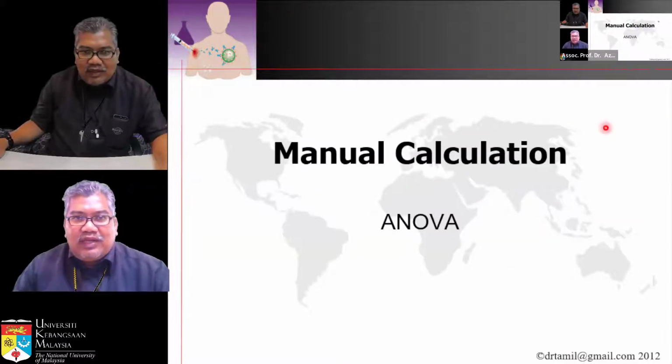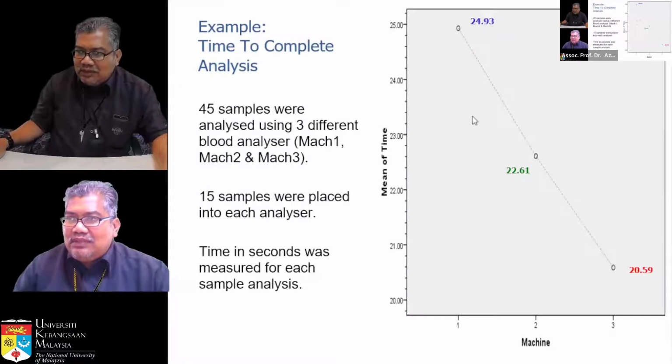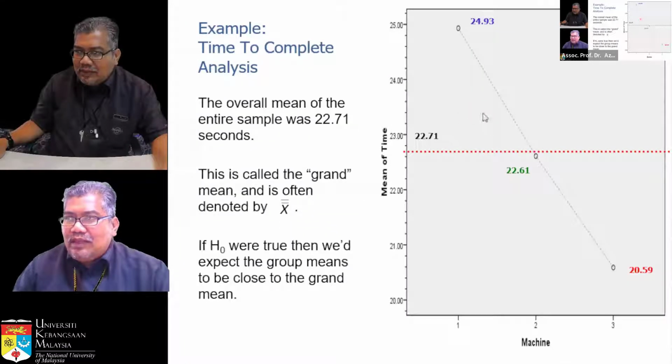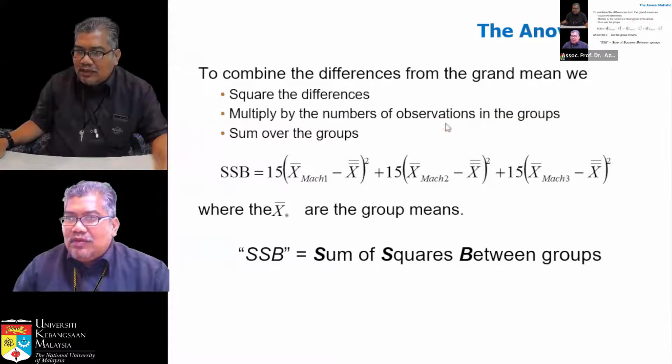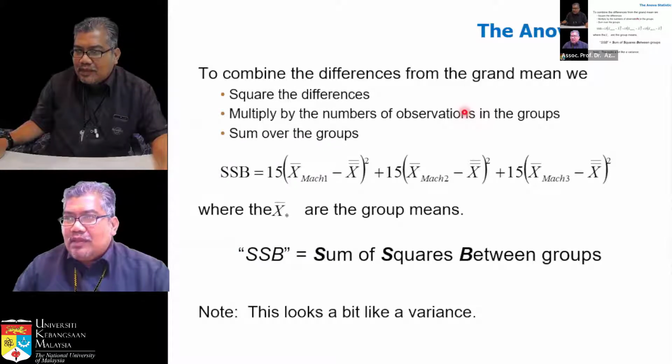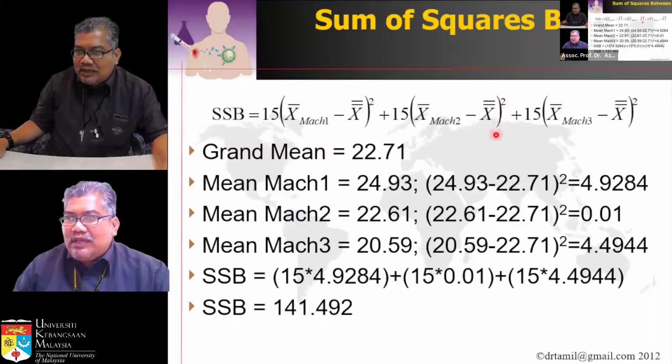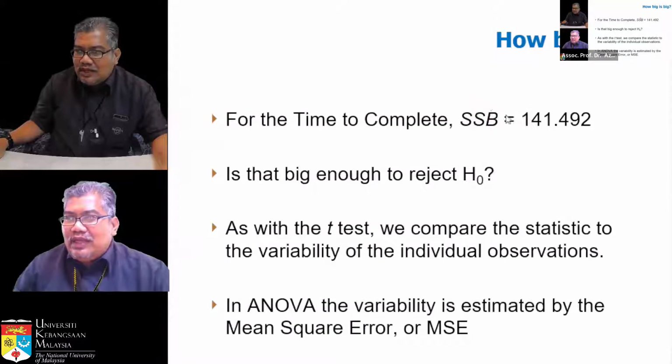Manual calculation I'm going to skip altogether, because it is impossible to do manually, especially for clinical doctors. You have to calculate the SSB, then you have to get the grand mean, then you have to get the MSE, the mean square error.